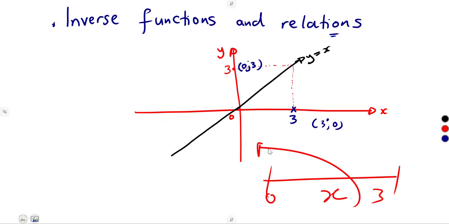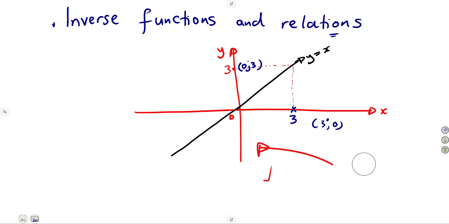It will be represented as y. Remember, domain are x values. So domain becomes range. That is another condition that we're going to look into.